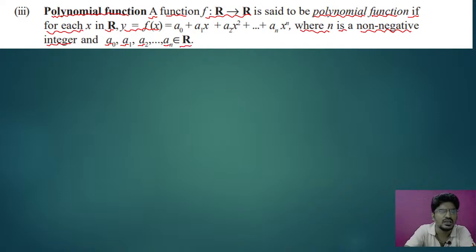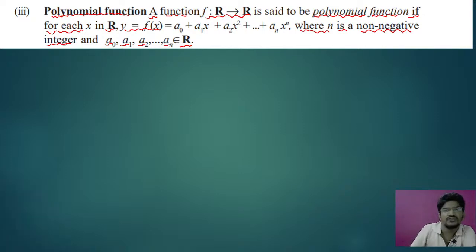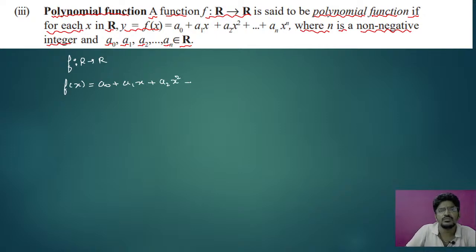So I think here you do not need any more explanation, because the function is defined from real numbers to real numbers, and here you can just see f of x is written as the polynomial, that is a0 plus a1x plus a2x square plus a3x cube plus so on, it goes to an x to the power of n.